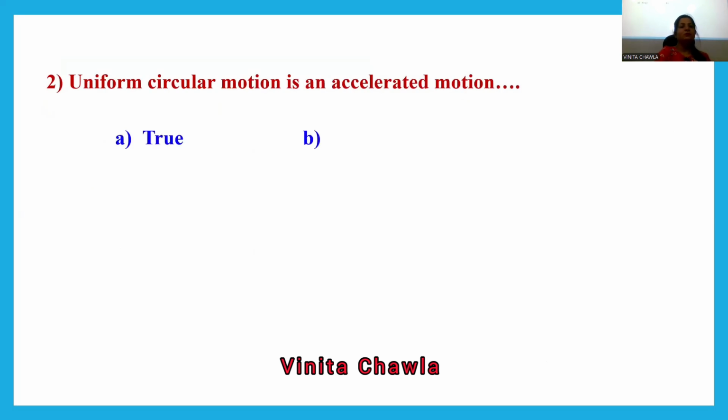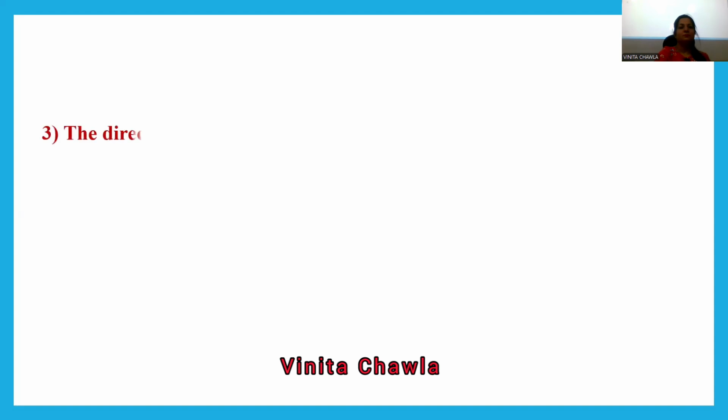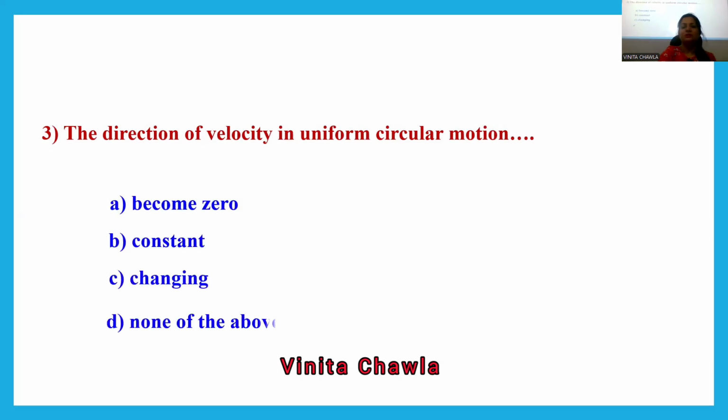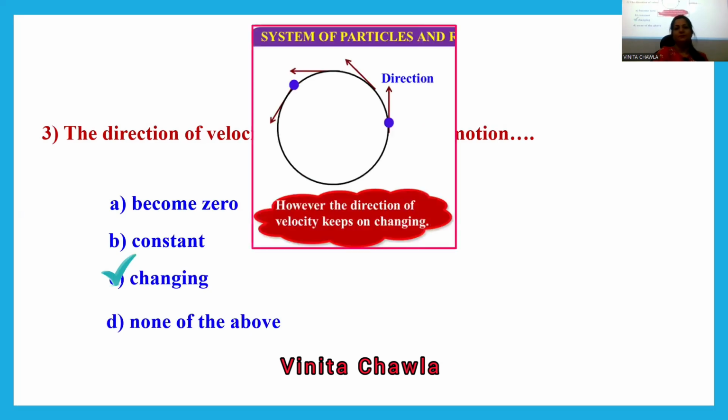True or false? The direction of velocity in uniform circular motion becomes zero, constant, changing, none of the above. Changing is the correct answer. Direction changes at every point, because how do we find direction? By drawing a tangent at the position.